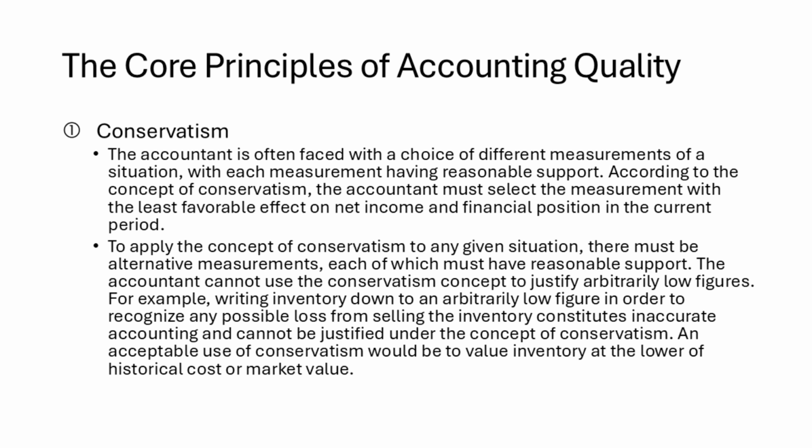It isn't permission to make arbitrary write-downs. Proper uses include valuing inventory at the lower of cost or market, writing down obsolete stock, recognizing likely losses on long-term contracts, applying continued overhead to inventory, and using prudent warranty expense estimates.